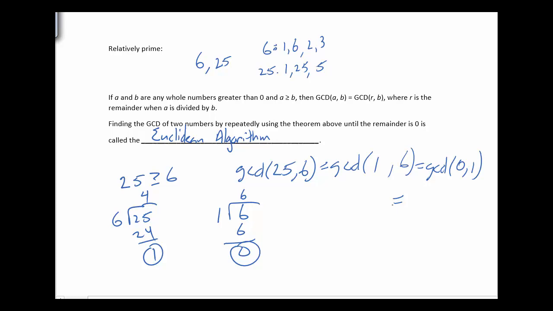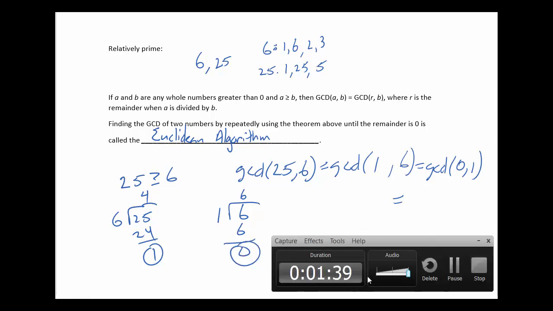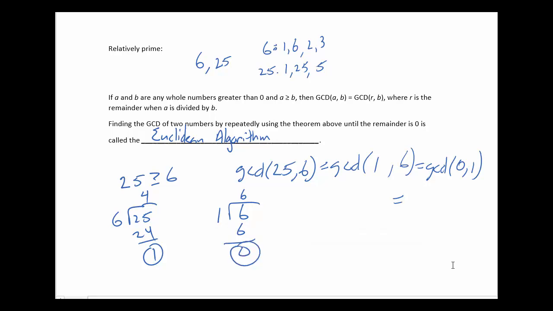We keep going until we get that remainder of 0, and that would make these two numbers relatively prime to each other. Since the last divisor was 1, that makes the greatest common divisor 1, and this is what we call relatively prime.